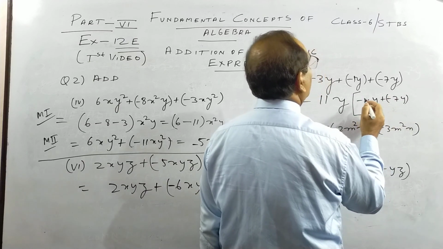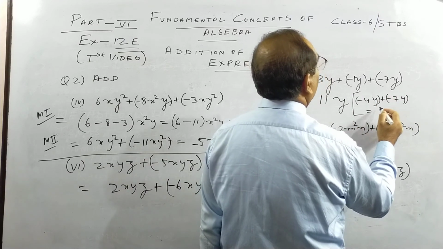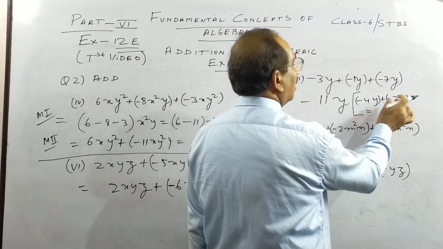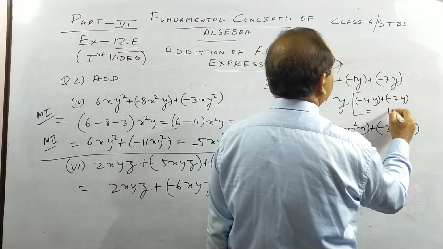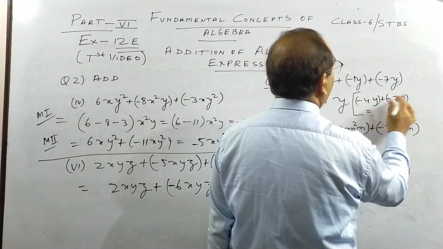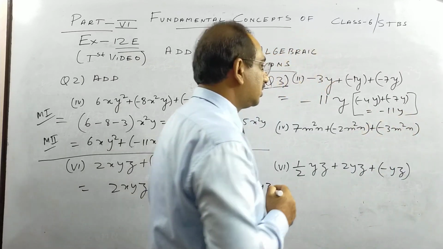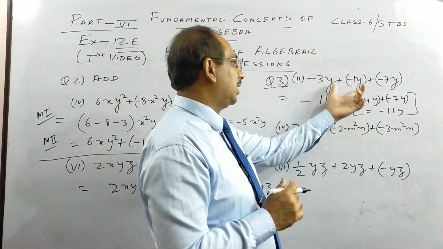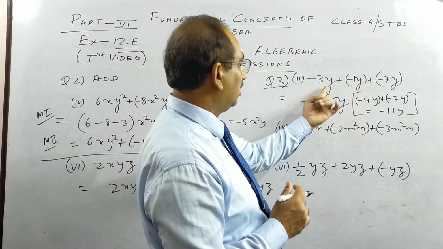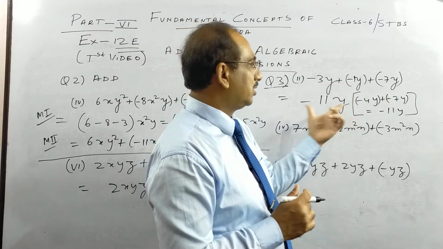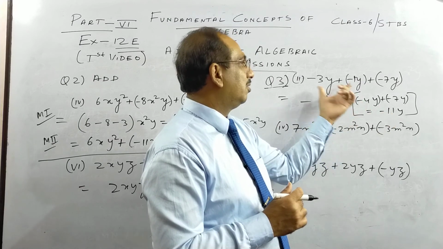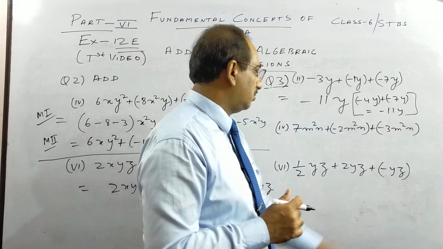So when you add two negatives, children, the absolute value you add, but the sign is negative only. So this is another method. Directly you do like this: minus, minus and minus you add, or you do it in two steps. First you do two terms, then another term.